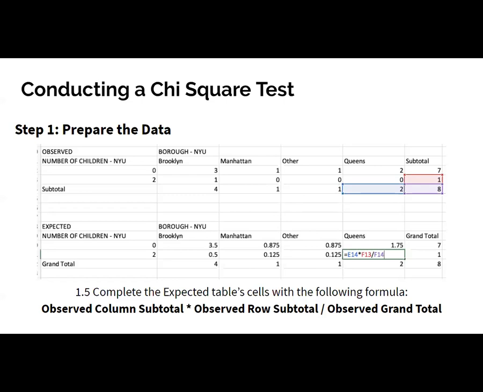So we're taking the observed column total, multiplying it by the row's subtotal, and then dividing it by the grand total. Make sense?